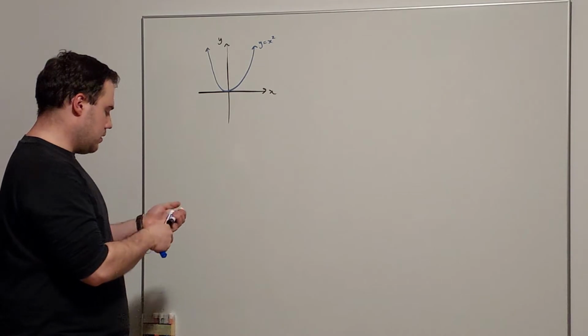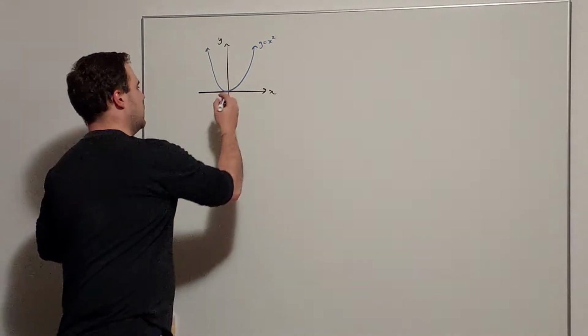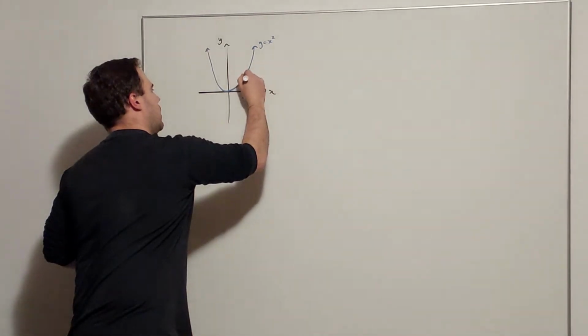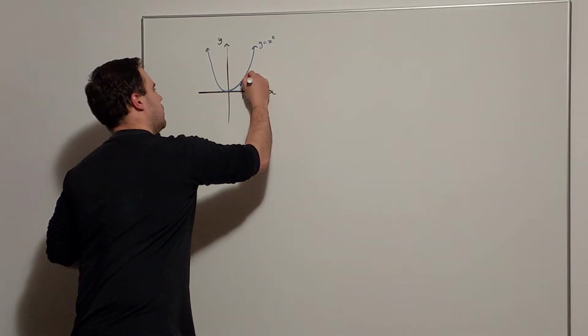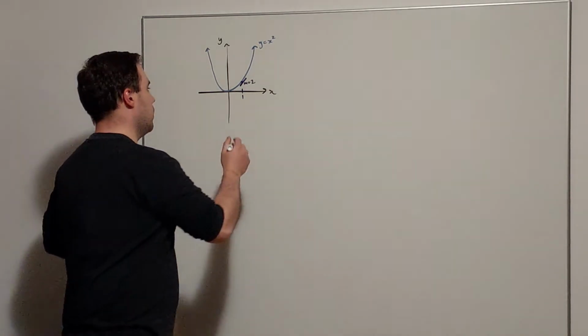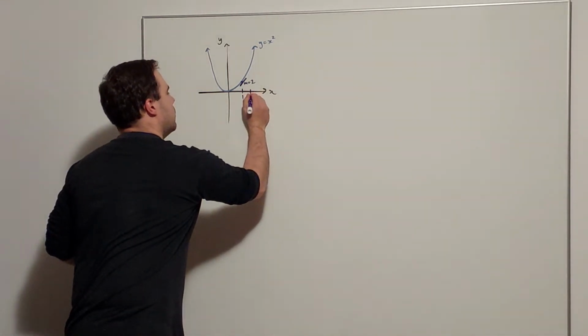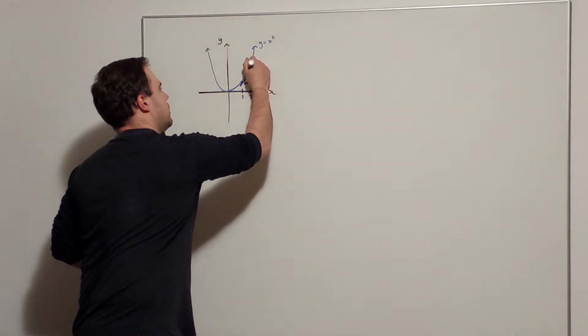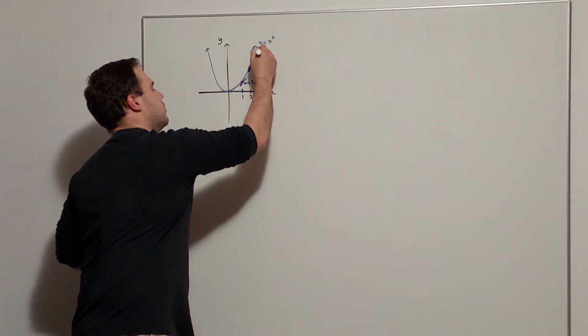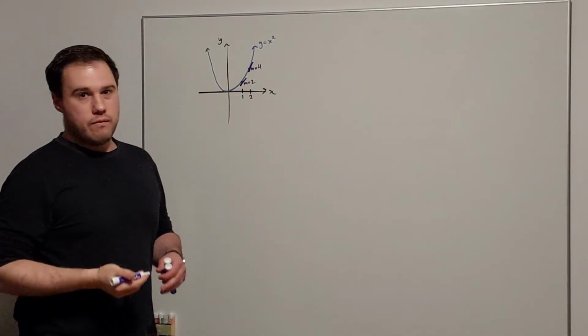So at the point where x equals 1, the gradient there was 2. And then we also calculated the gradient when x equaled 2. At that point on the function, we found that the gradient was 4.